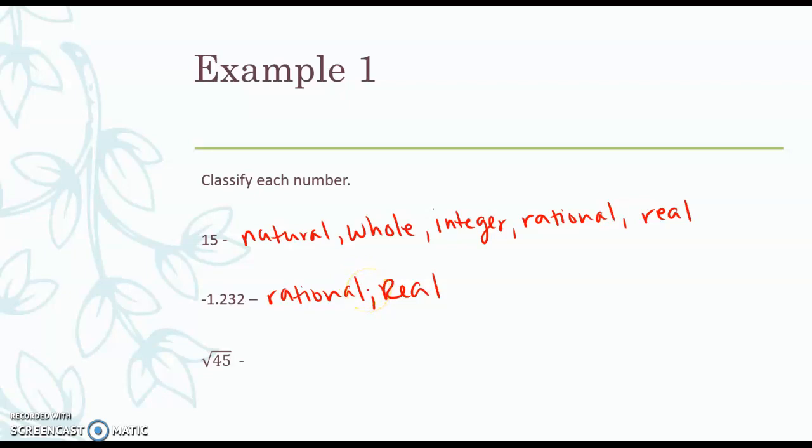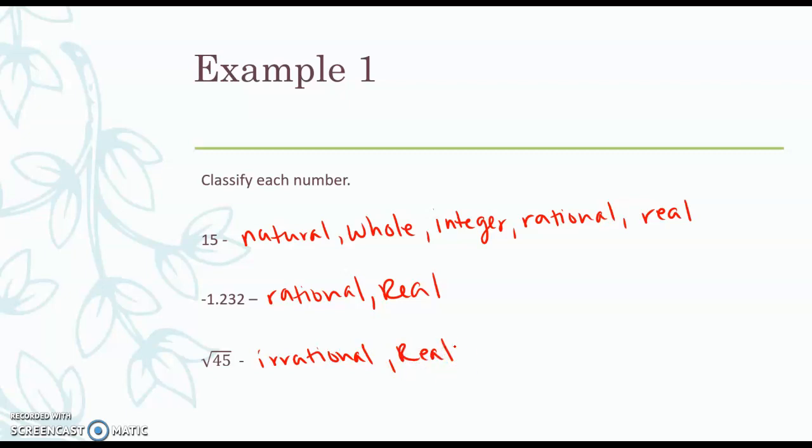All right, so now we have square root of 45. So if we go back to our perfect squares, square root of 45 falls between 36 and 49. So it is not a perfect square, and since it is not a perfect square, that means that it is irrational. And irrational numbers are also real.